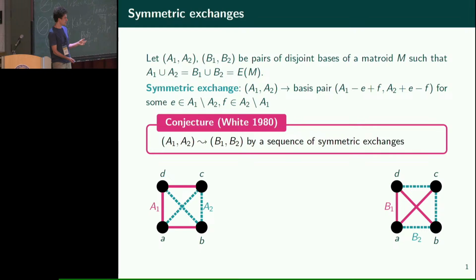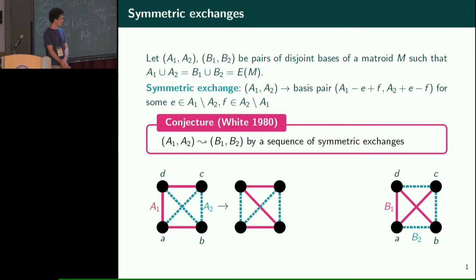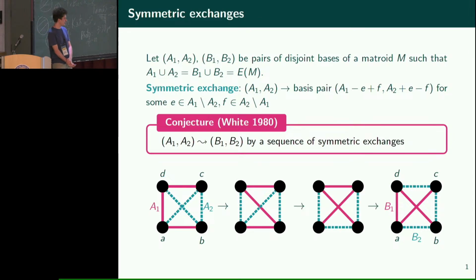So in the first step, we cannot get closer to the final basis pair seemingly, but if we do one exchange, then after that we can finish. We get this exchange sequence of length 3, despite A1 minus B1 having just size 2. In this example, 3 exchanges are needed.